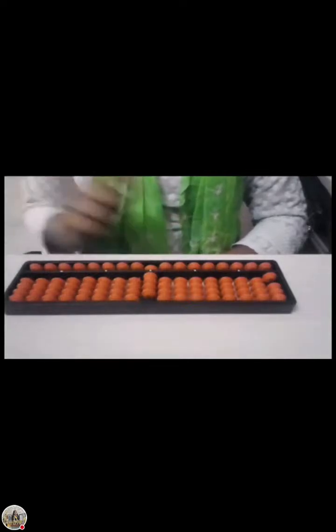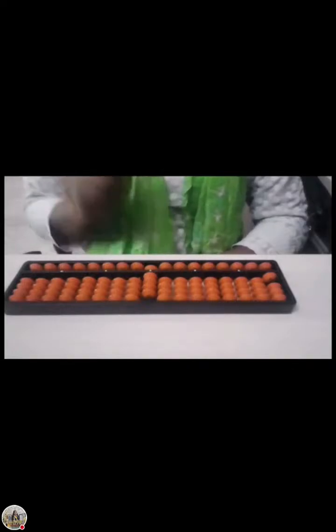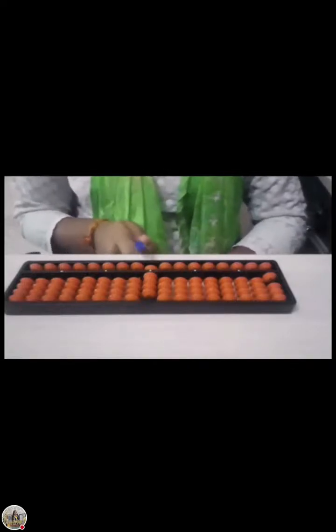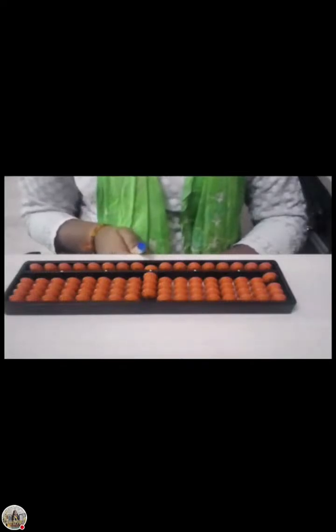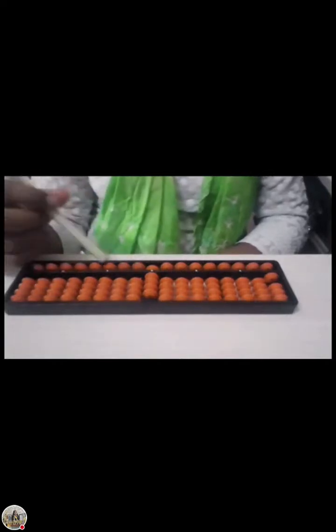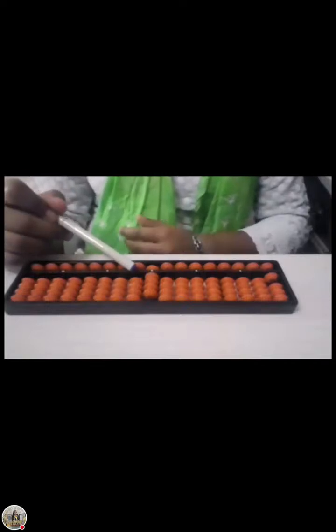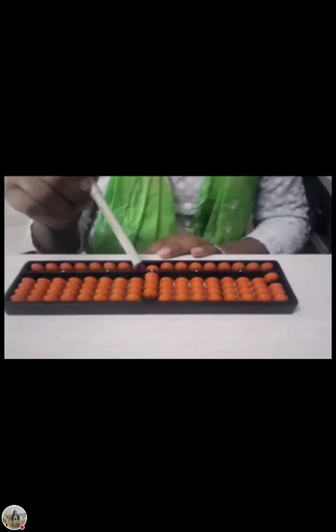Now see, my question is finished. Now I have to see where I have to return the favor. So, do I have any bead here right now on tens to return the favor? No, I don't have it. See, here it is marked. No bead is added here, right?